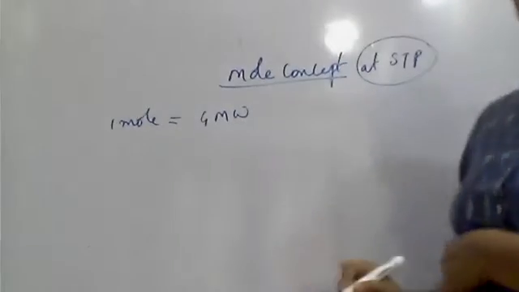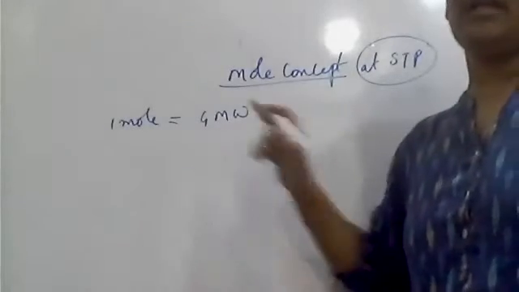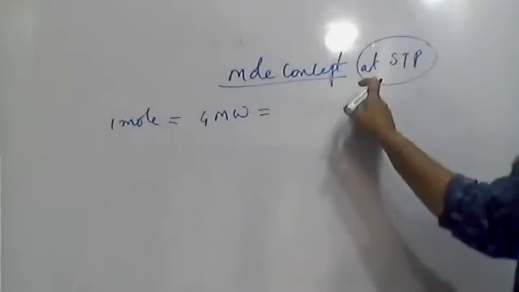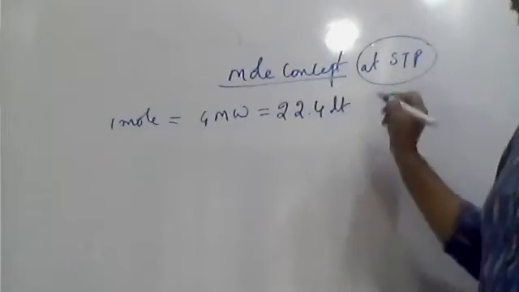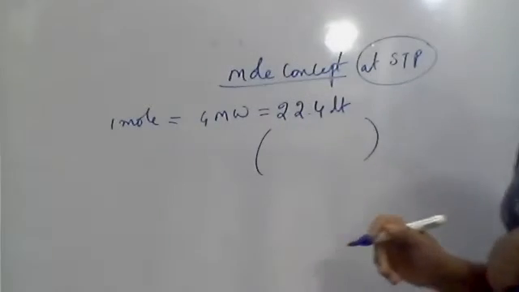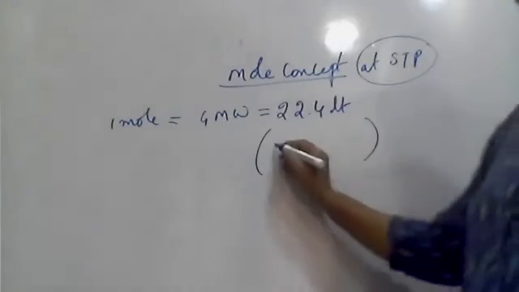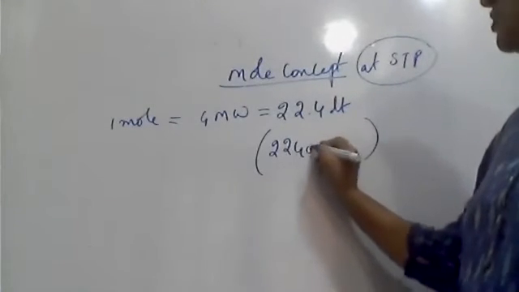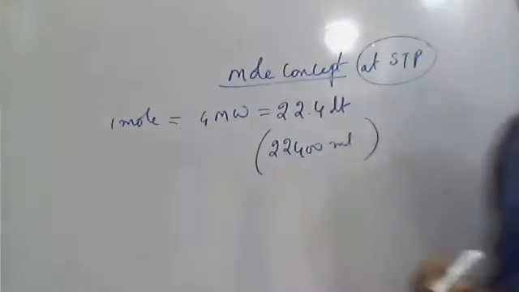Every 1 gram molecular weight of a substance at STP contains 22.4 liters of volume. Convert into ml by multiplying by 1000, as 1 liter equals 1000 ml, so 22,400 ml or cc or cubic centimeter.